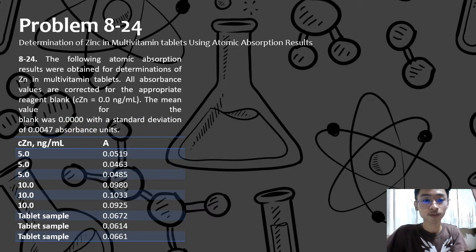The first problem: the following atomic absorption results were obtained for determinations of zinc in multivitamin tablets. All absorbance values are corrected for the appropriate reagent blank, with the concentration of zinc at 0.0. The mean value for the blank was 0.0000 with a standard deviation of 0.0047 absorbance units.